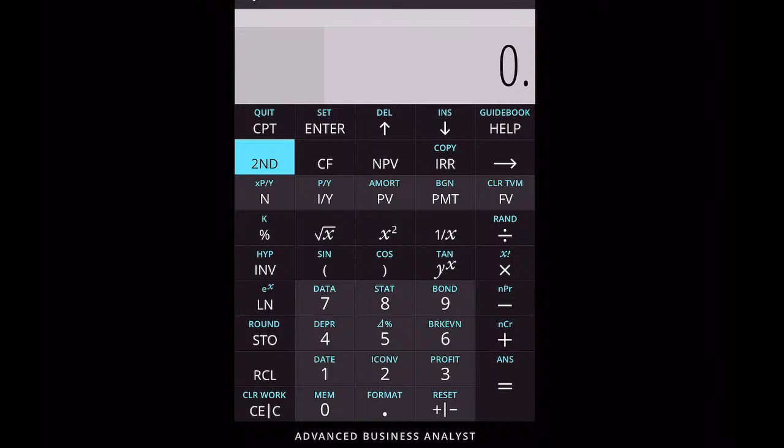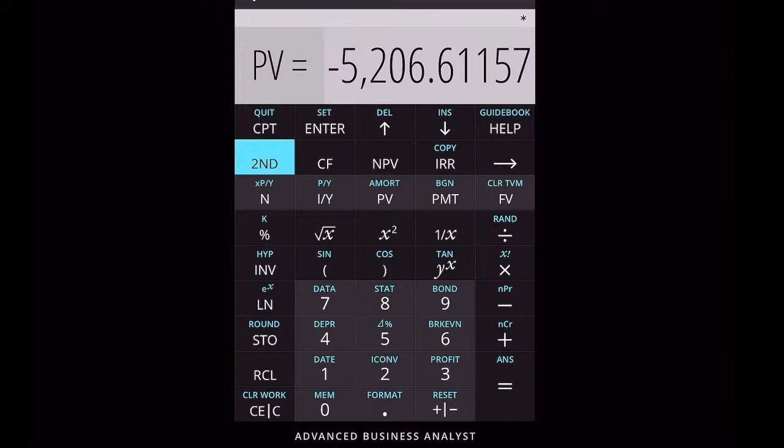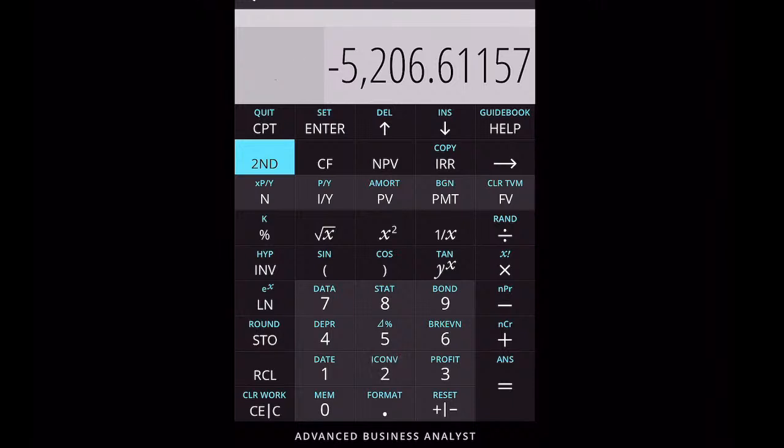All right, so 2 periods, I thought I did it, at 10%, I'm going to ask for $3,000. I don't want FV, I want PV. So this is the amount, and I change the sign and I store it in 2.